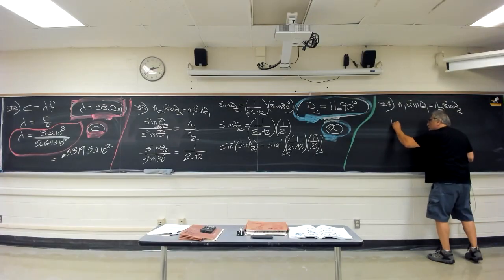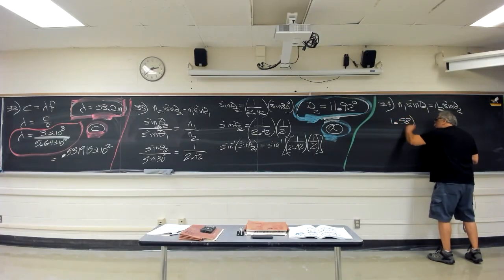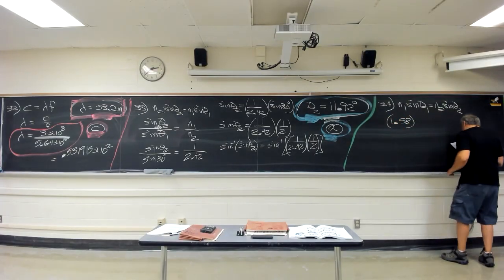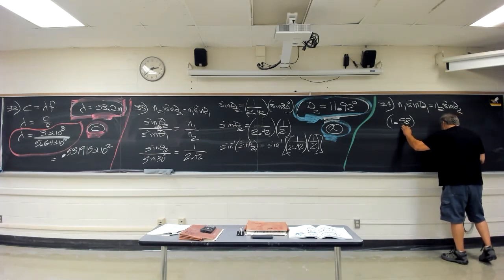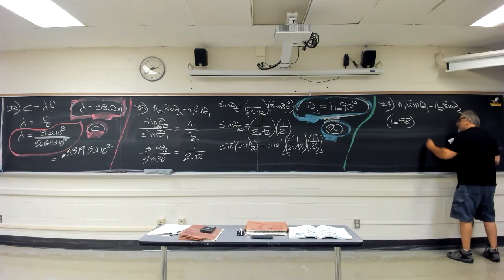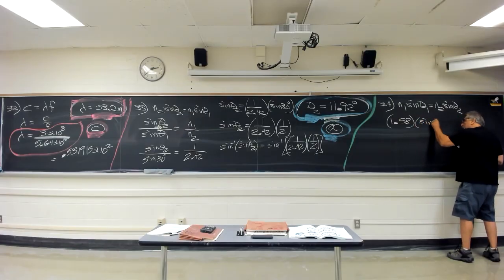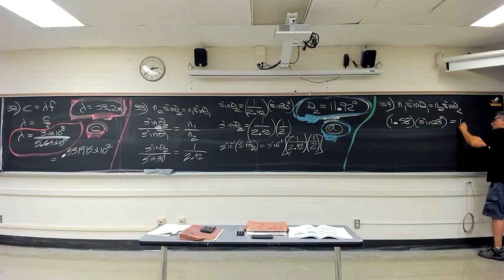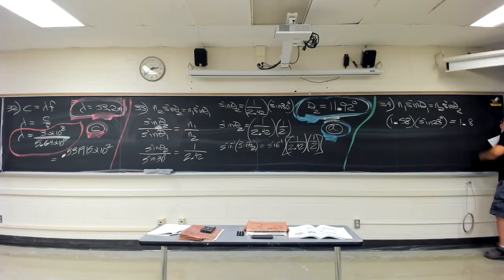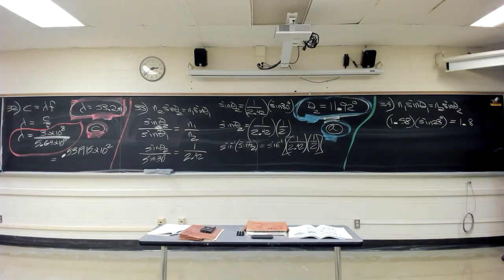The initial situation consists of the indices of refraction. The index of refraction initially, we're talking about the glass, 1.58. It hits at a 23 degree angle, and it's going into the liquid, 1.80 index of refraction, sine theta 2.